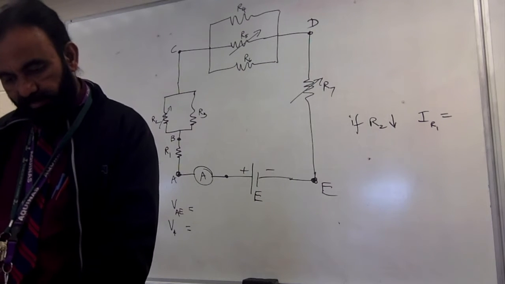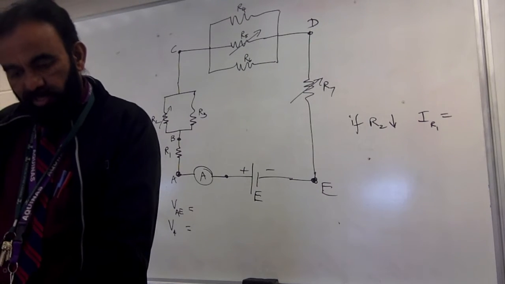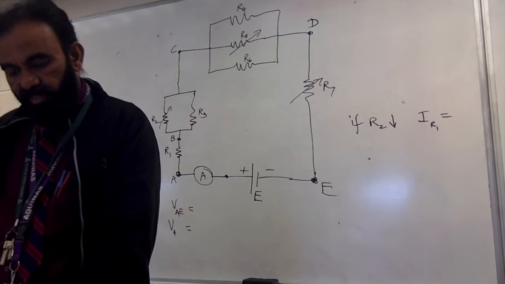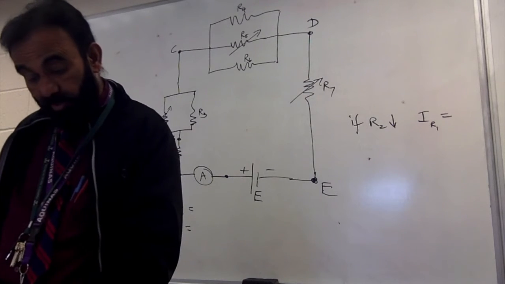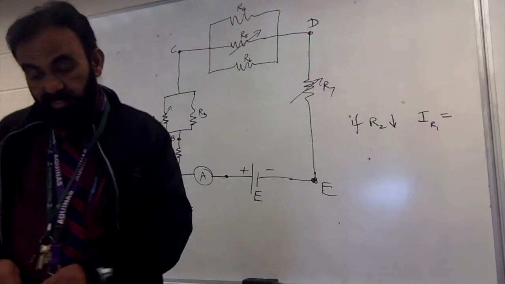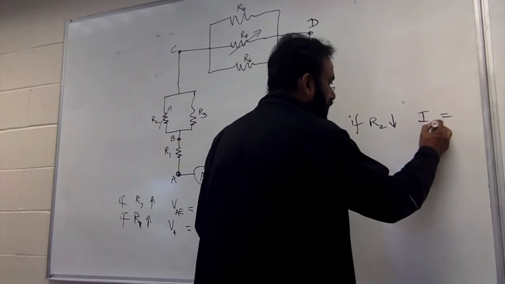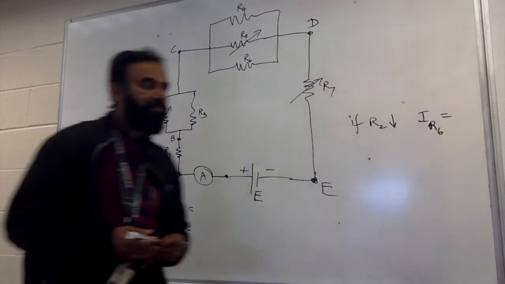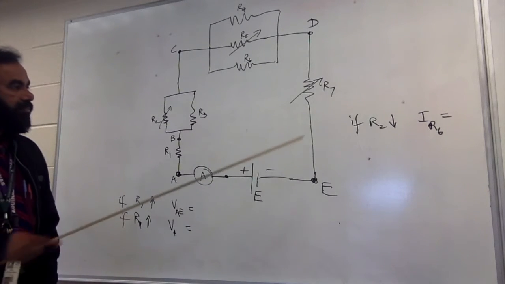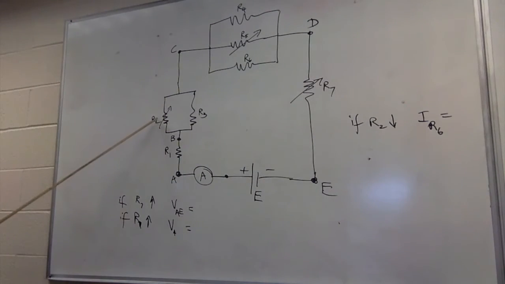The fifth part. If R2 decreases, the current through R6 becomes what?